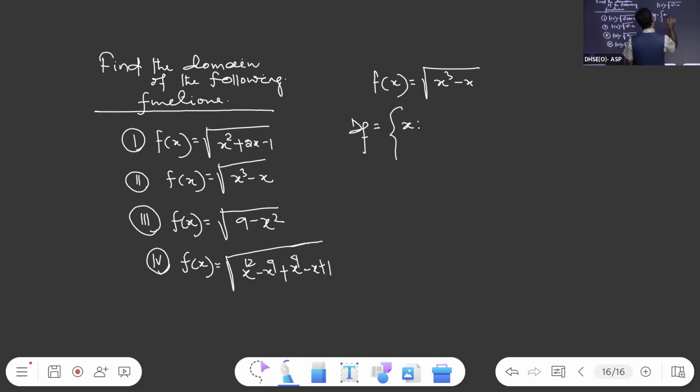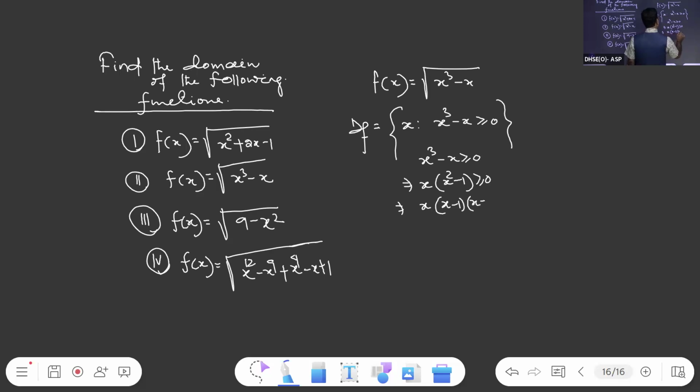So the set of all x such that x cube minus x is greater or equal to 0. x cube minus x greater or equal to 0. So x times x square minus 1 greater or equal to 0. Then this can be factorized as x into x minus 1 into x plus 1 greater or equal to 0.